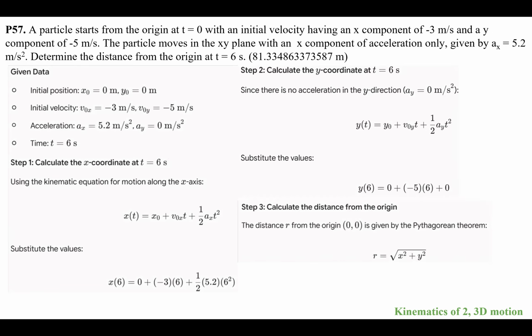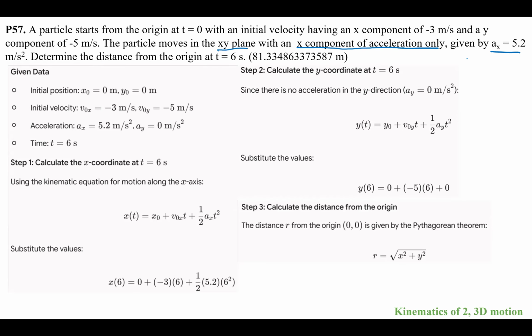Once again, origin means both x and y are 0, the initial position, with an initial velocity having an x component and a y component, so the initial velocity is given. The particle moves in the xy plane with only an x component of acceleration. So only the x component will experience acceleration, and ax is given by this one. Determine the distance from the origin at t equal to 6 seconds.